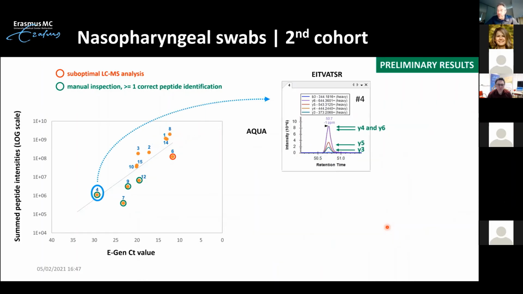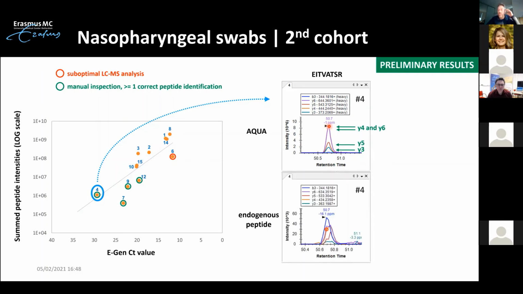Now another example is number 4 with a CT value of 29, so very high, not much virus present. For this peptide, we spiked in the AQUA heavy counterpart peptide, of which the pattern is given here. And note that the Y4 and Y6 ions are on top of each other because they have virtually the same intensity.